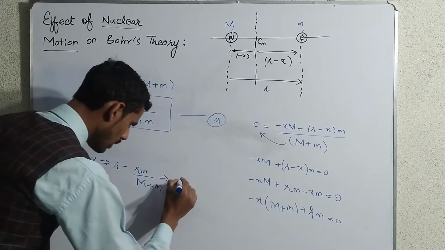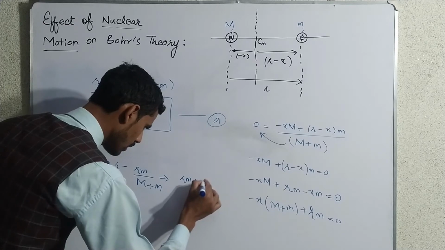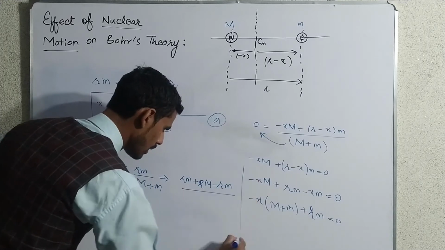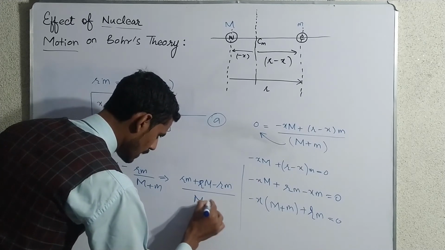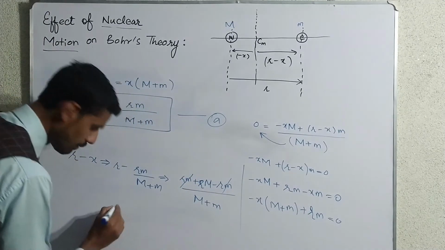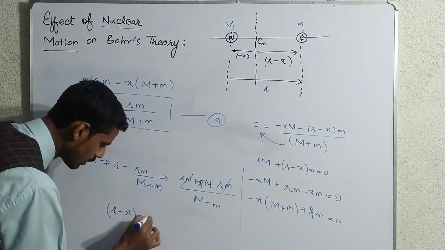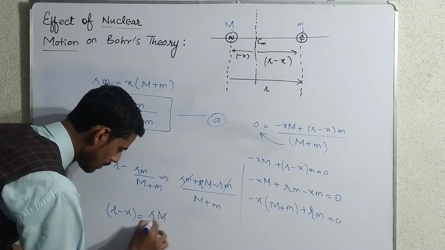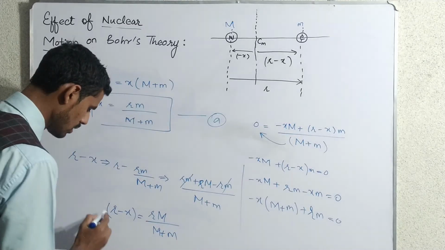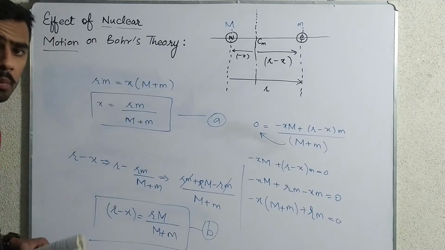So it will be R m plus R capital M minus R m, divided by M plus m. So this term will get cancelled out, and R minus x will be equal to R capital M over M plus m. Okay, so I hope you can see these two equations we have found out.